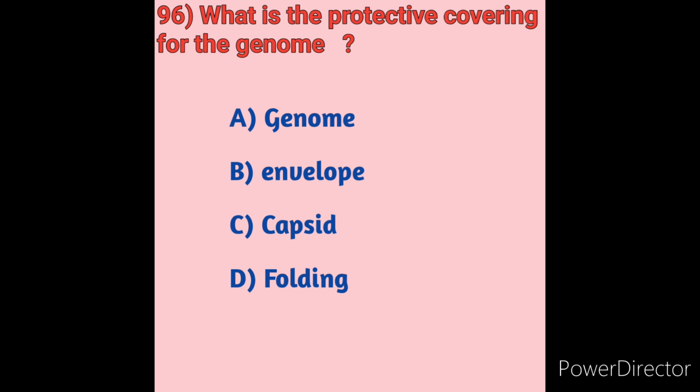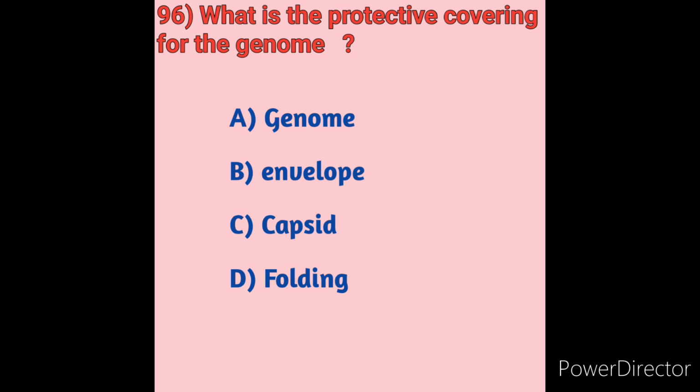The simplest variants consist of two basic components: nucleic acid, single or double-stranded RNA or DNA, and a protein coat. Those are nucleic acid and protein coat.